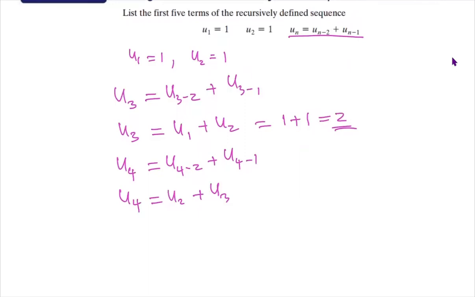We know u2 and we know u3, then you can find u4. u2 is 1 plus u3 is 2, so that is 3. u4 equals 3.